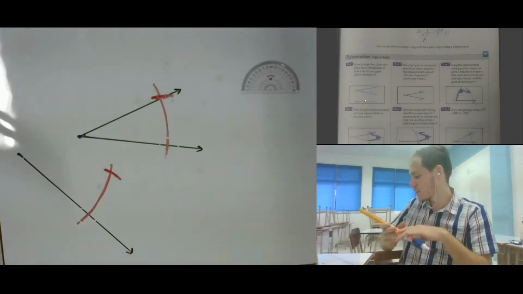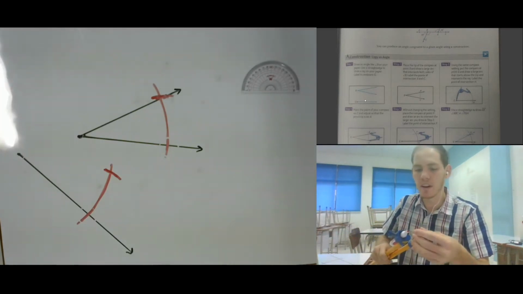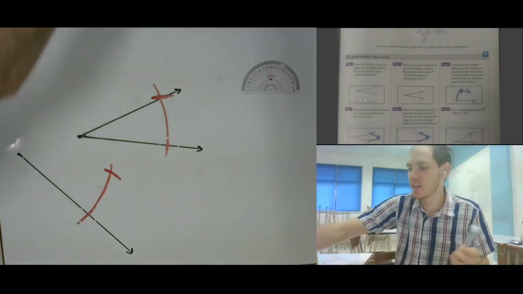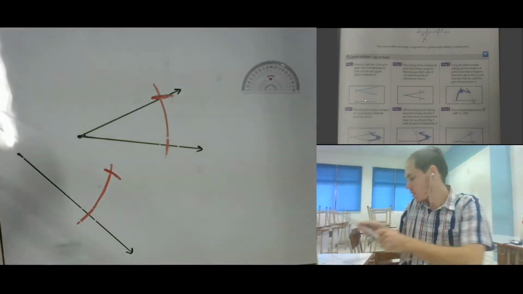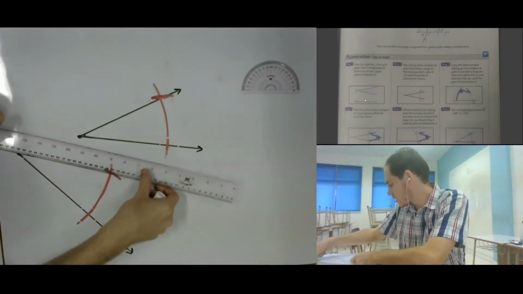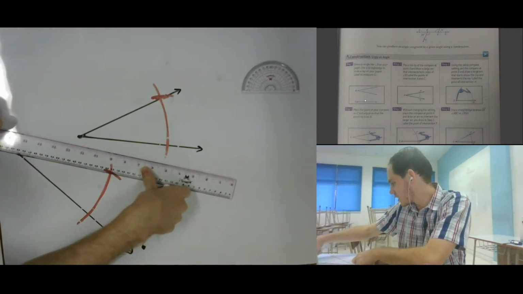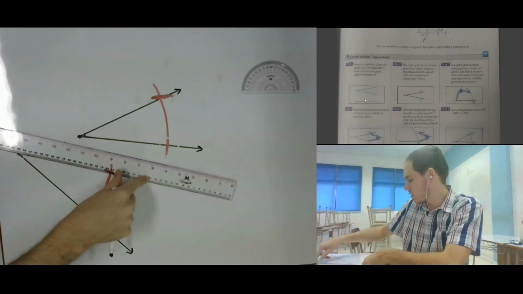Okay? So you see that cross point right there? That's actually going to be where our angle is. Then we have to draw a ray with a straight edge. Draw it right underneath, because technically our angle was just slightly smaller than that.